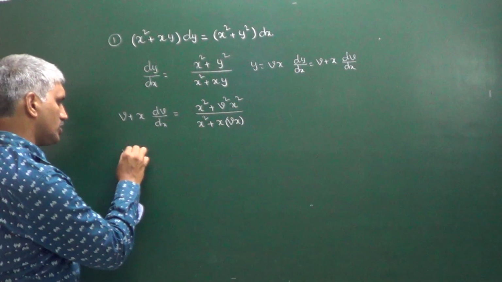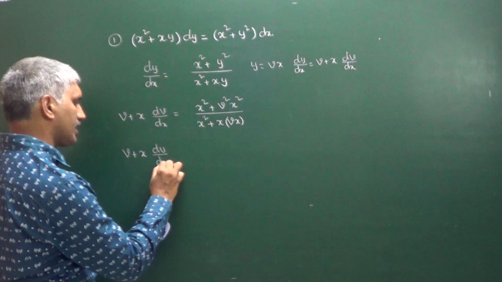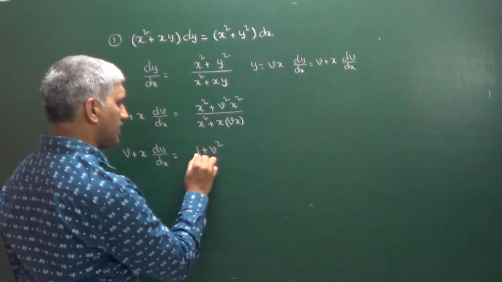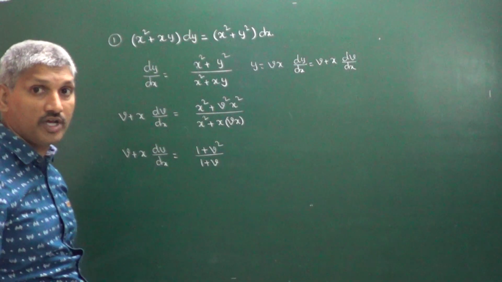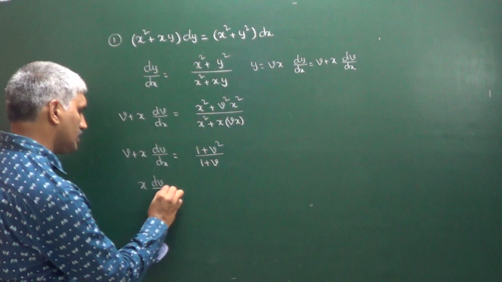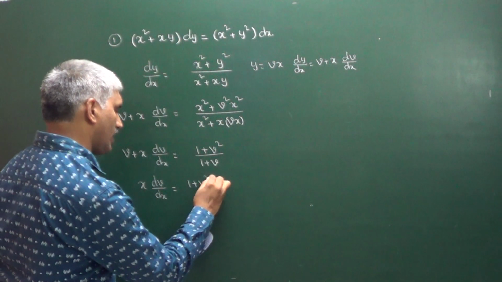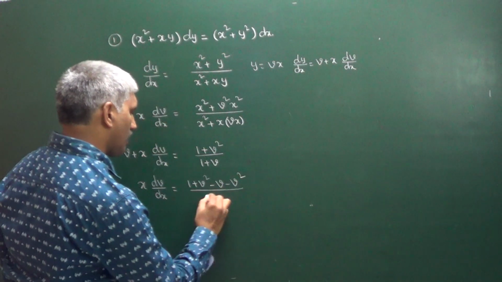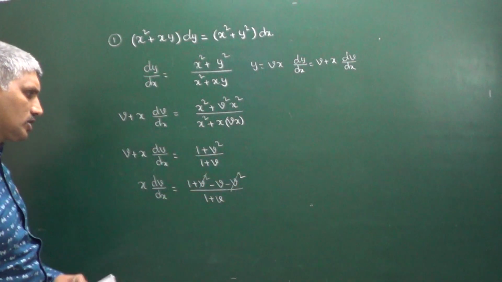Now this equation changes as v plus x into dv by dx is equal to (1 plus v square) divided by (1 plus v). Numerator and denominator x square gets cancelled. Now we can write further this simplification as x into dv by dx is equal to (1 plus v square minus v square) divided by (1 plus v). Plus v square minus v square cancel, nothing added.